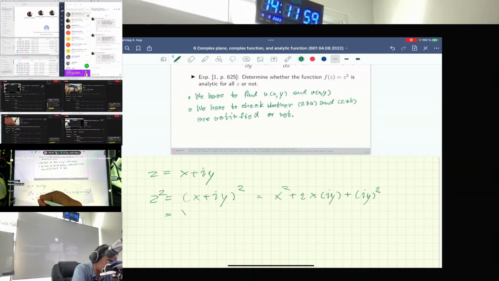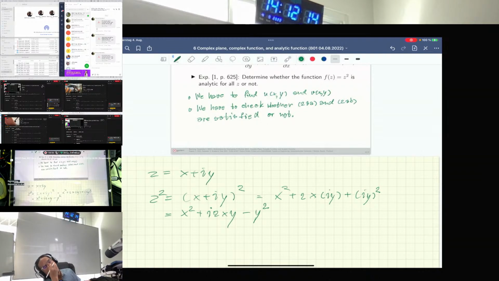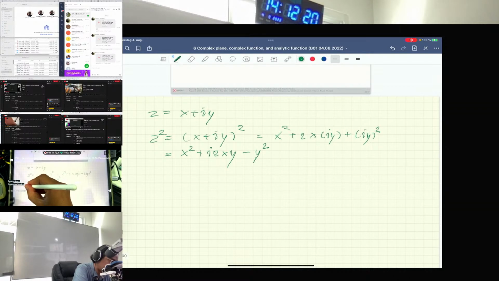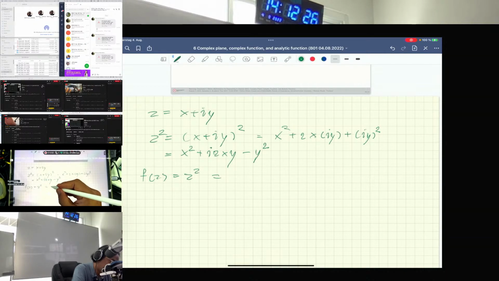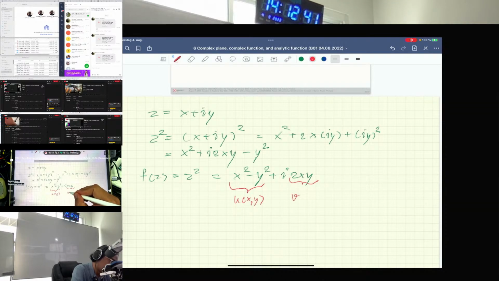You will get x squared plus i 2xy minus y squared. That's the expression for z squared. So f(z) is z squared, which is x squared minus y squared plus i 2xy. You can see that this is u(x,y), and this is v(x,y).